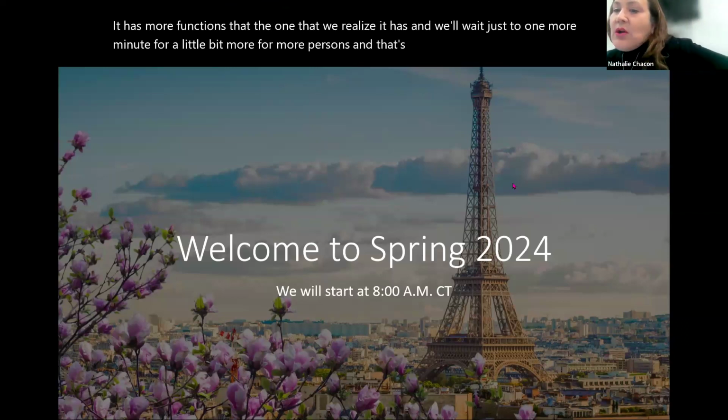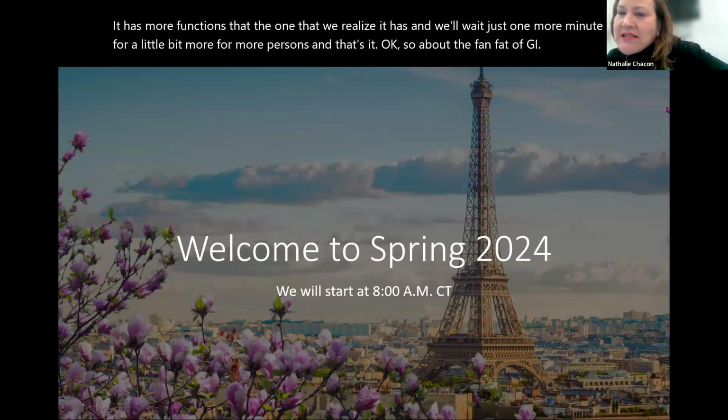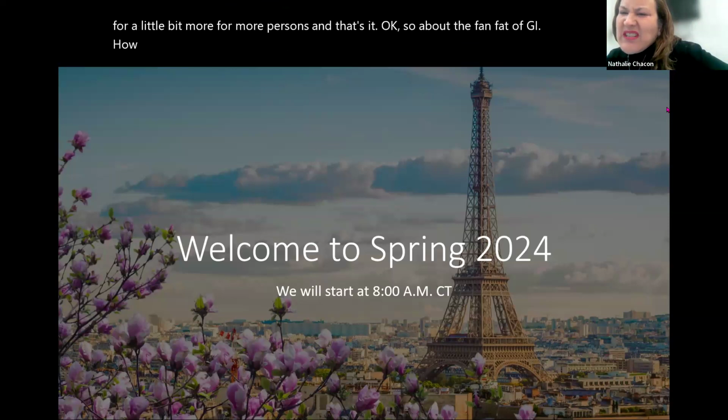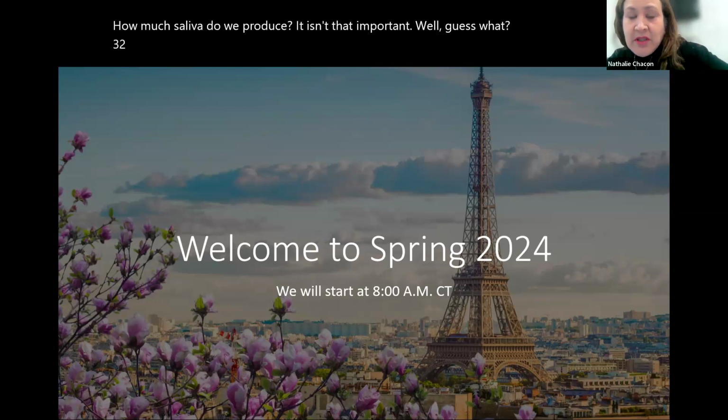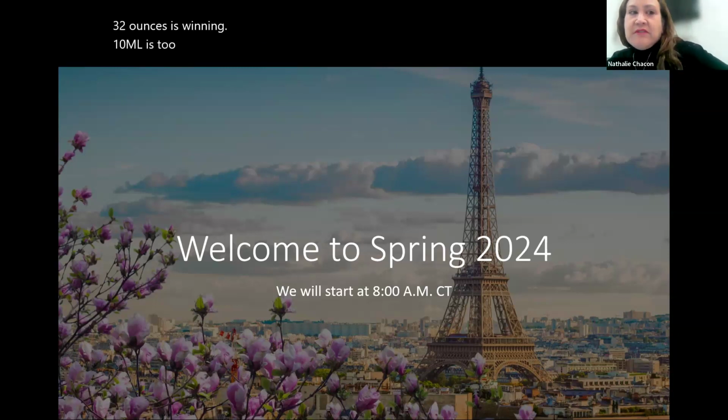Okay, so about the fun facts of GI, how much saliva do we produce? Is it that important? Well, guess what? 32 ounces is winning. 10 ml is too little. 55 is too little.